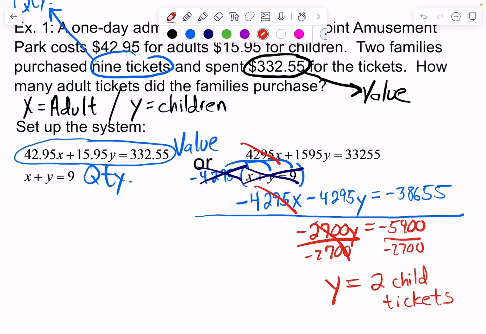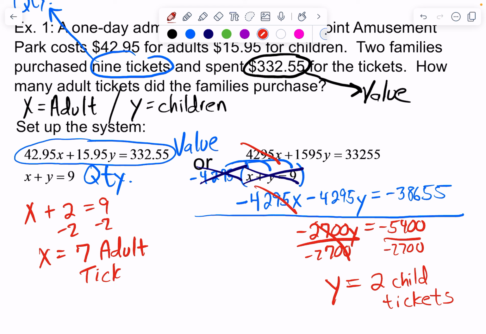But I'm not looking for the number of children tickets, I'm looking for the adult tickets. So I'm going to go ahead and plug in my y value here of 2 and solve for x, which is 7 adult tickets, and that's what we were looking for. So bingo, that's my answer. Not bad, right? Pretty easy, actually. Let's look at another one.